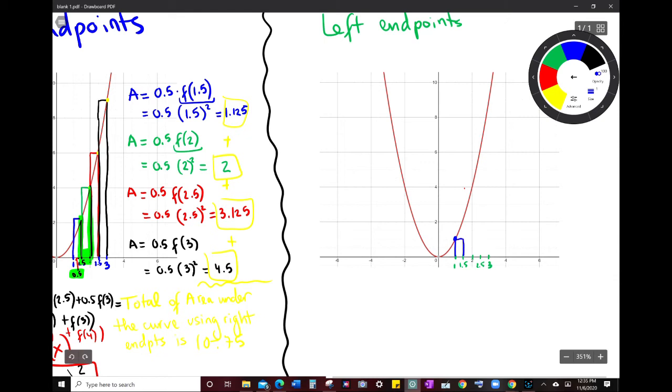Okay, and then for your green rectangle, you have this. Then for the red rectangle, you have this one.